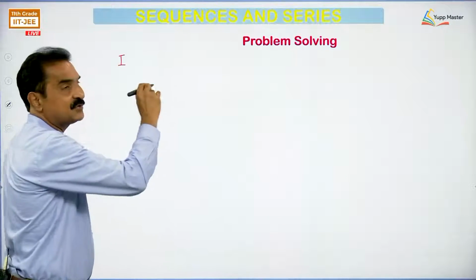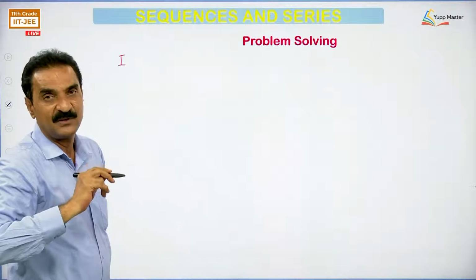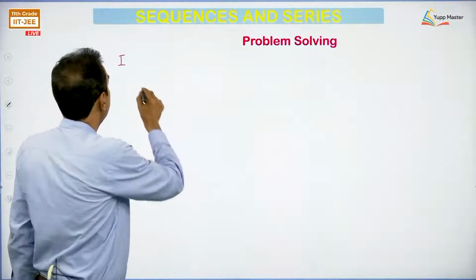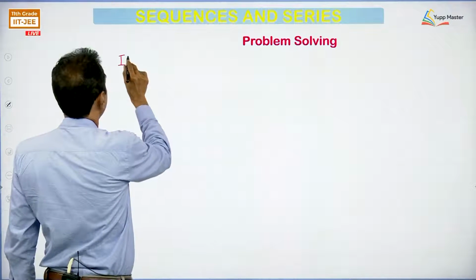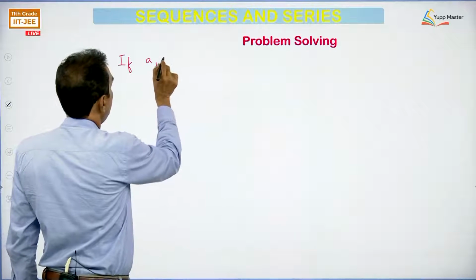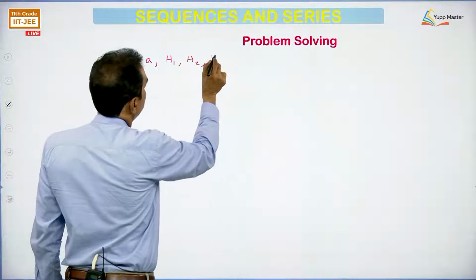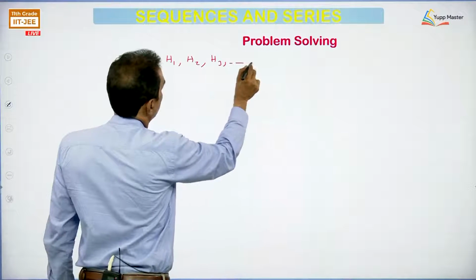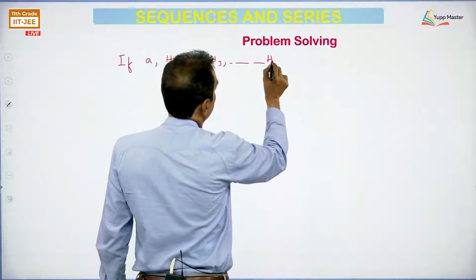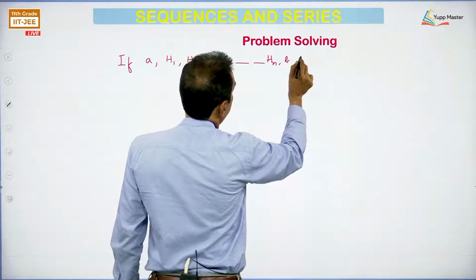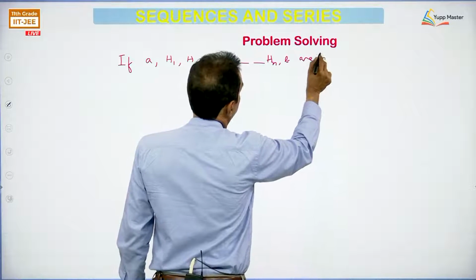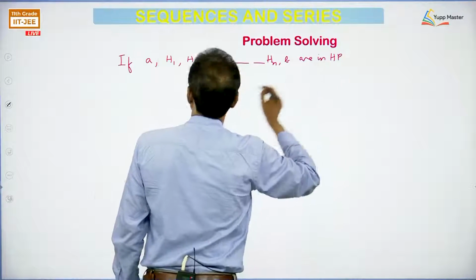If H1, H2, H3 and so on Hn are n harmonic means inserted between A and B, then A, H1, H2, H3 and so on Hn, B are in HP. Alright.